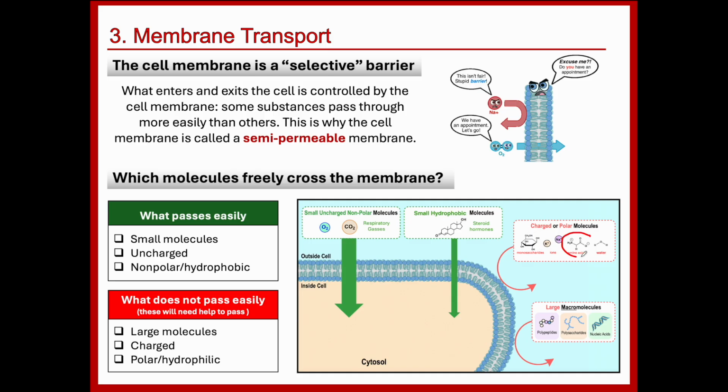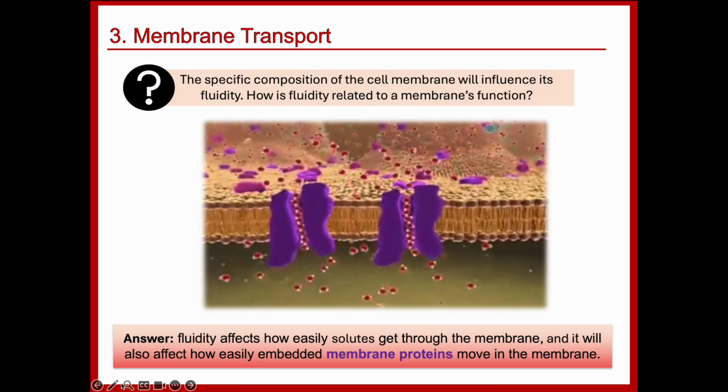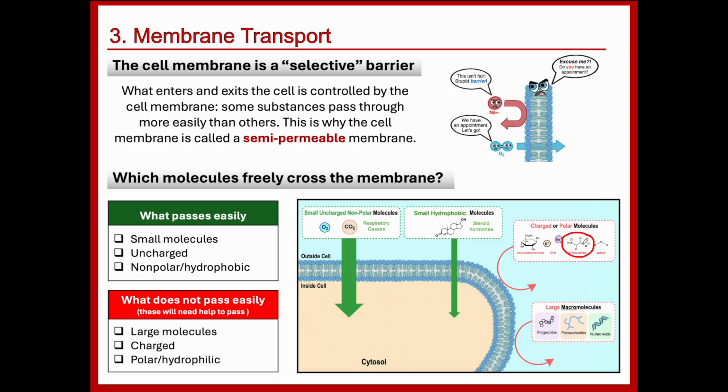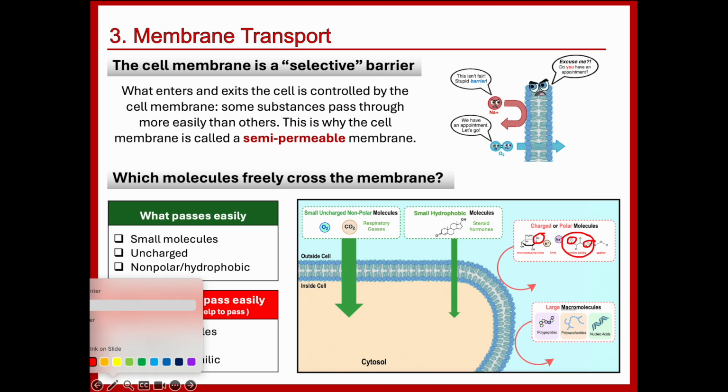Things like amino acids, right? Look at them. We know that monosaccharides are full of OHs, which means they're polar, right? This amino acid is full of positives, negatives, O's, H's, N's, right? So this too is very polar.